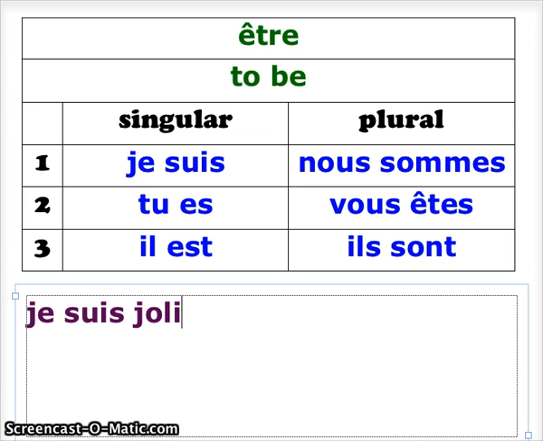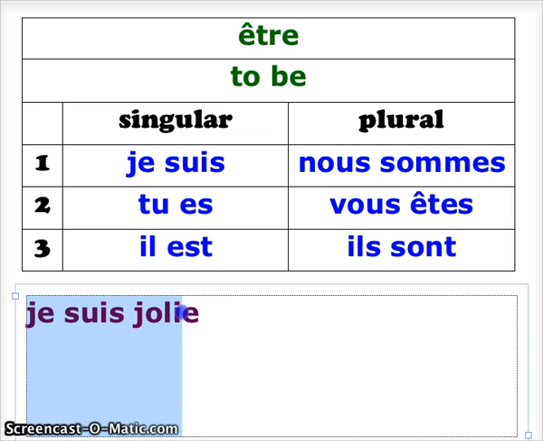Now, if a lady is saying this about herself, she would have to add that E because, remember, our adjective has to agree with the subject, which in this case is I. But if a woman is saying that, then the I in that case would be female, so we'd have to make it match. How interesting, right? All right, you have to consider those things when you're working with adjectives and the verb être.